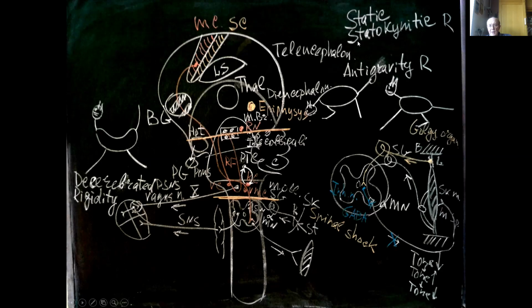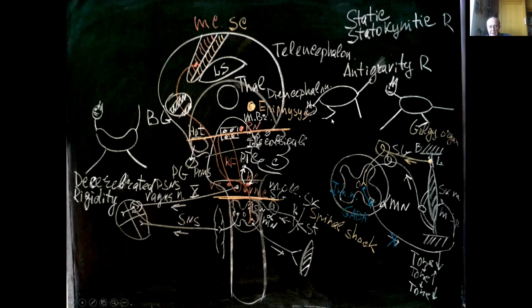And the second, this is the static-kinetic reflexes. This is the regulation of the muscle tone during the movement of the body, and these static-kinetic reflexes prevent falling on the ground, on the floor, during the movements of the body. What are the anti-gravity reflexes?